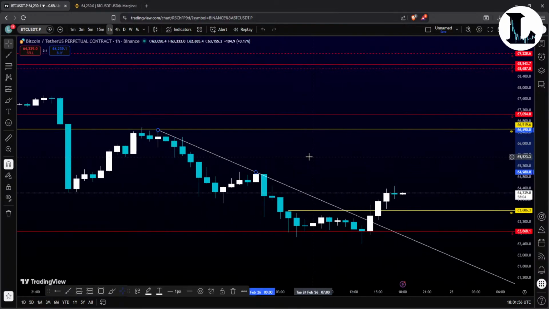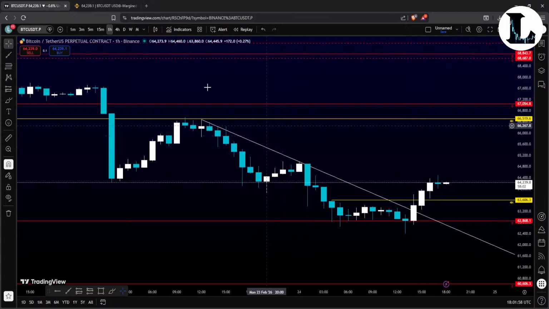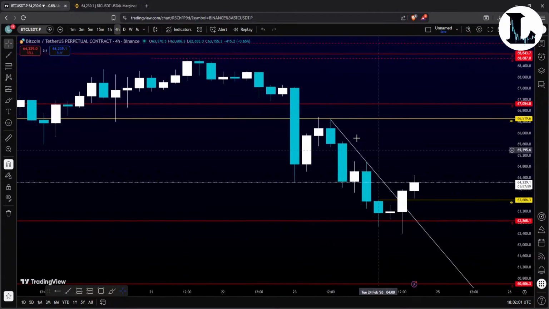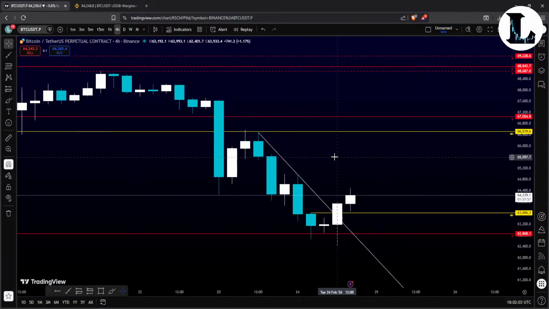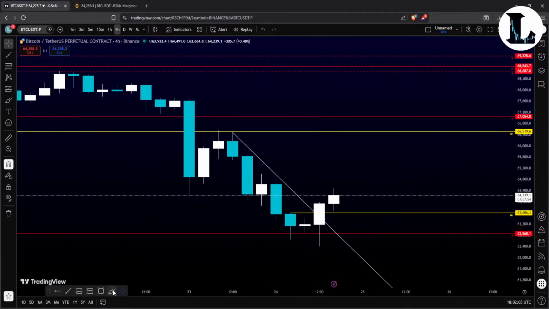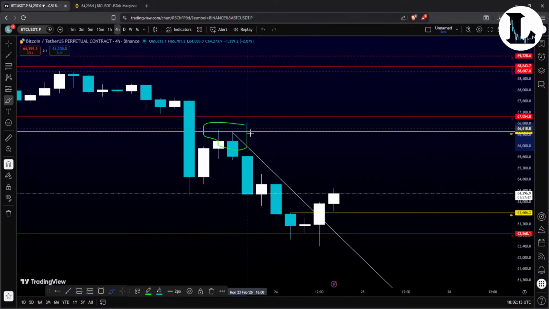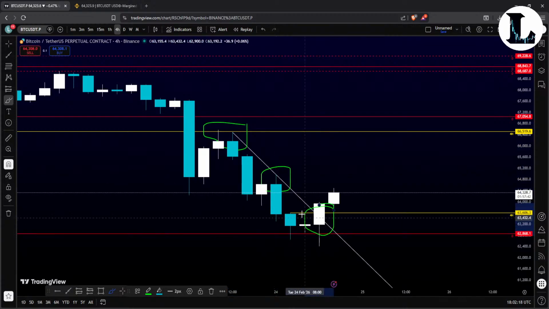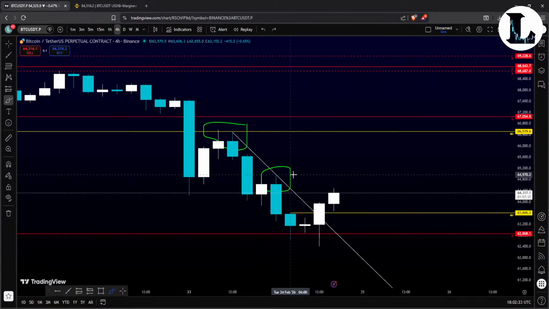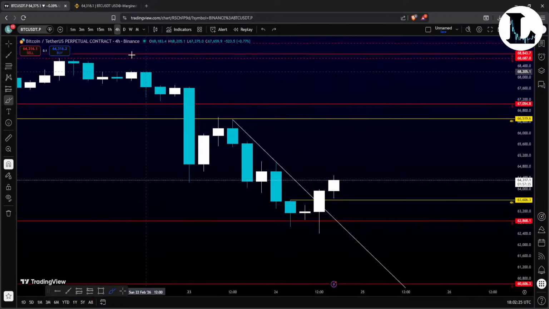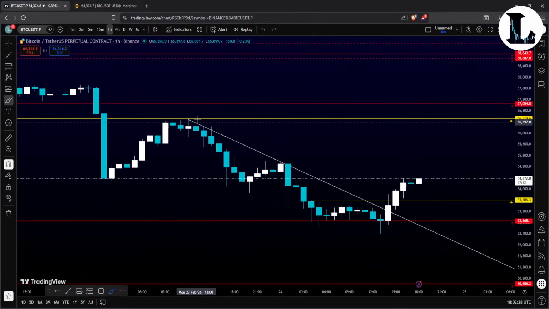I like the 1 hour because the 4 hour was not created yet, even though this looks like a good downtrend. To have a really good trend, you are going to need to have 3 points: creation, continuation, and confirmation. And when the price breaks on a third, that line is not a trend.